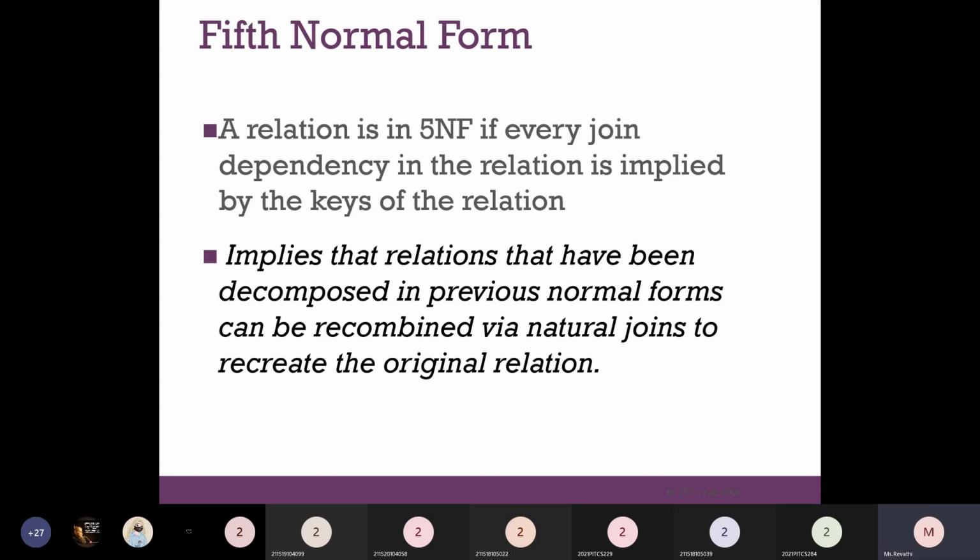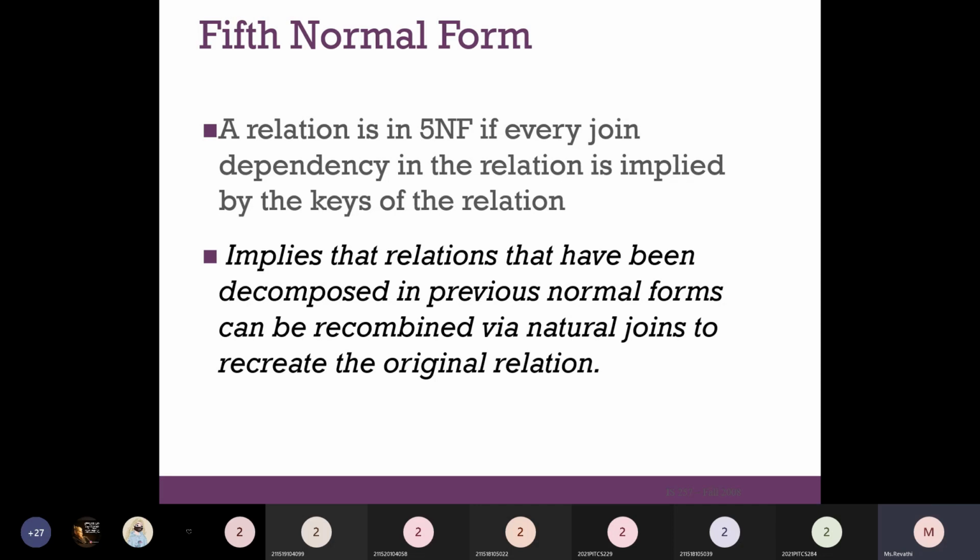So normalization is used to reduce the redundancy by decomposing your table into smaller tables. First normal form insists on atomic values. All attributes must be atomic. Second normal form insists on fully functional dependency.